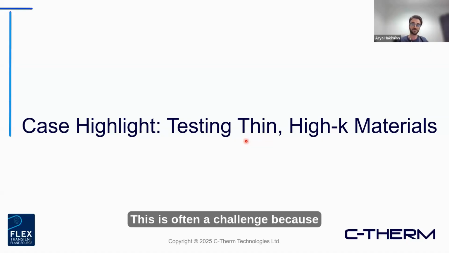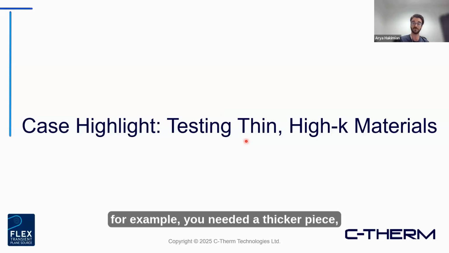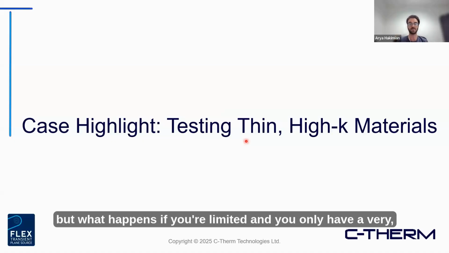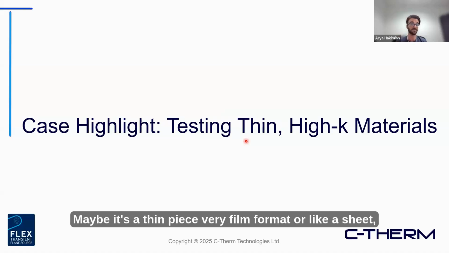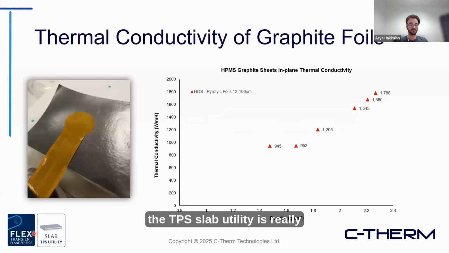This is often a challenge because, generally speaking, when you're dealing with a conductive material, like I showed with the MTPS and the size requirements, you needed a thicker piece. But what happens if you only have a very, very thin piece of material? Maybe it's a thin film format or a sheet, but it's expected to be high K. Well, the TPS slab utility is really great for these specific samples.